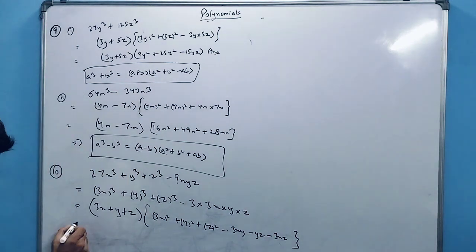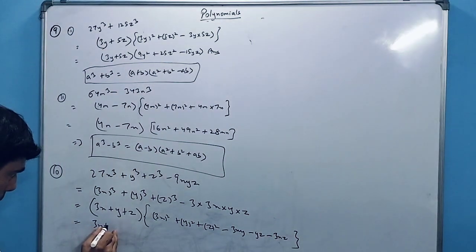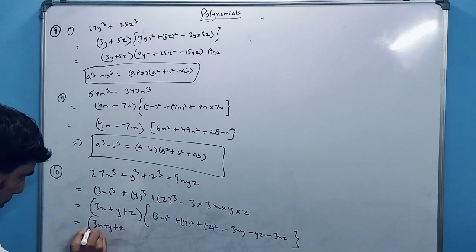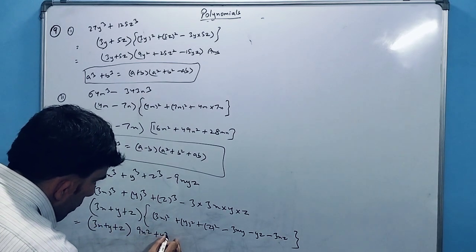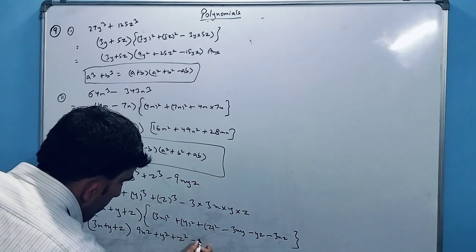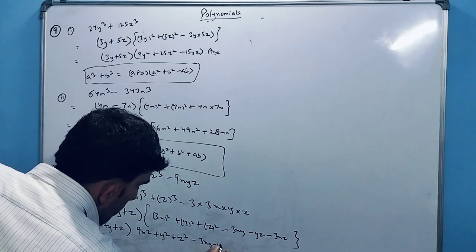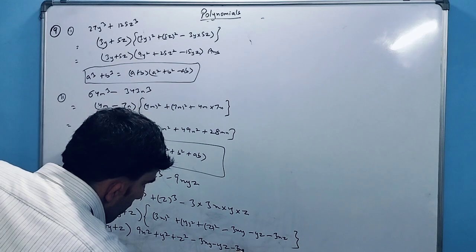So now I got my answer, that is 3x plus y plus z into 9x square plus y square plus z square minus 3xy minus yz minus 3xz.